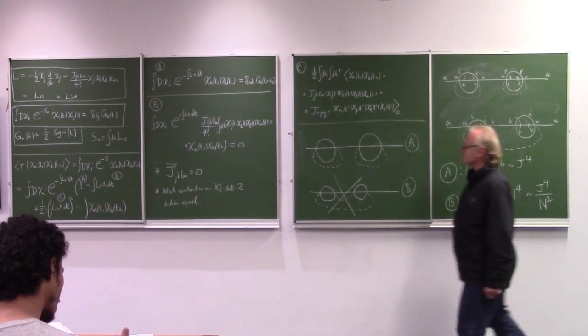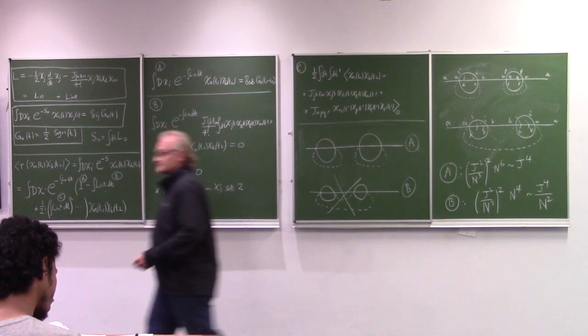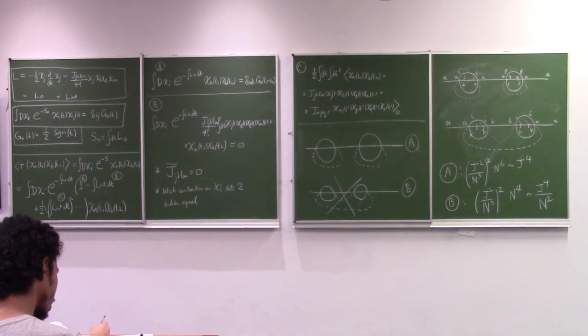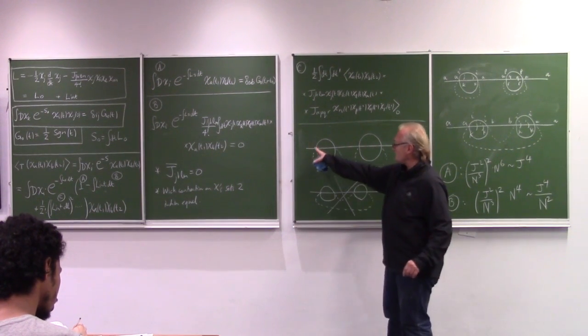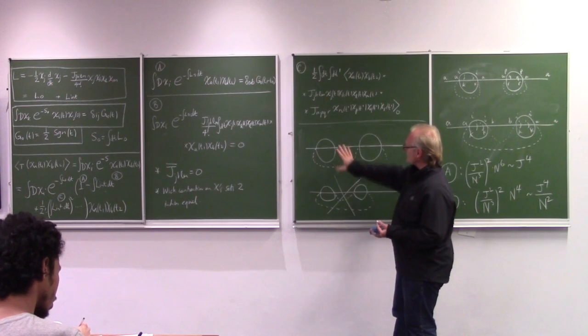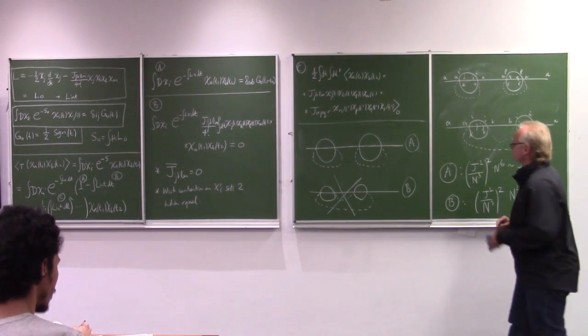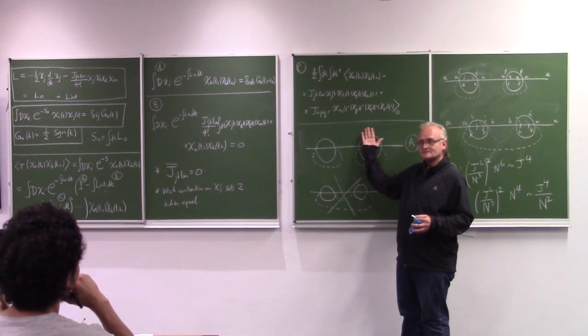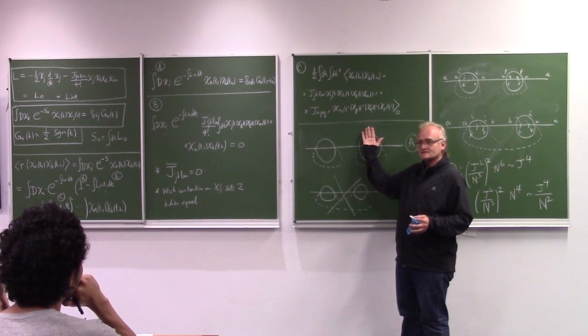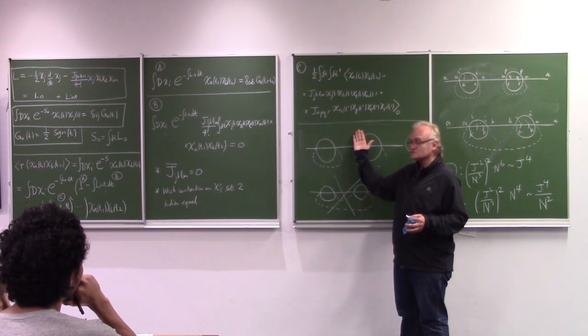In actual fact, the diagrams that contribute at large N always have the form that the disorder average, okay. If I ask you to look at this diagram, does that look like anything to you? Anyone know what this Feynman diagram is called?